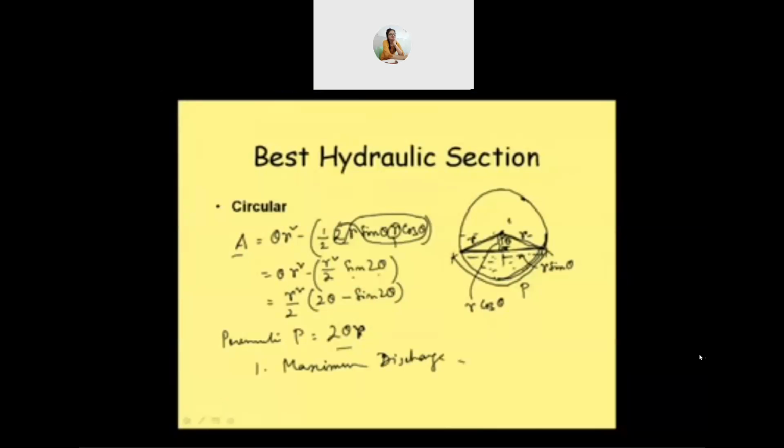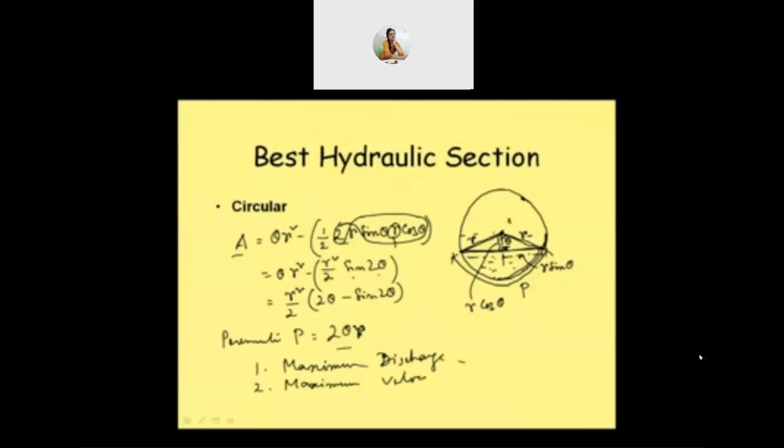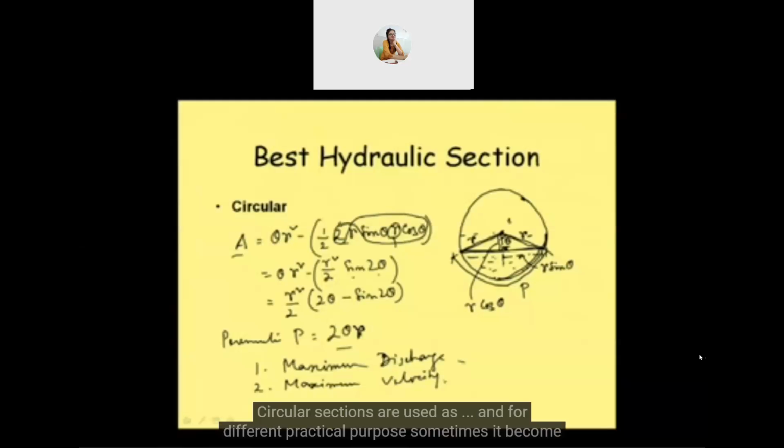And the second is maximum velocity. Why? In many cases, these circular sections are used as pipes and for different practical purposes.